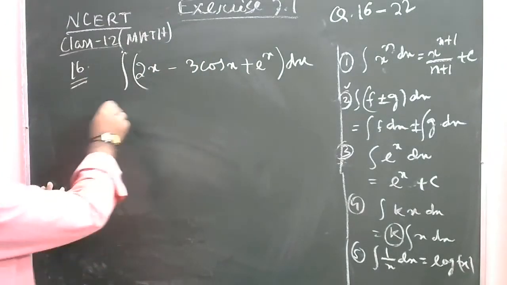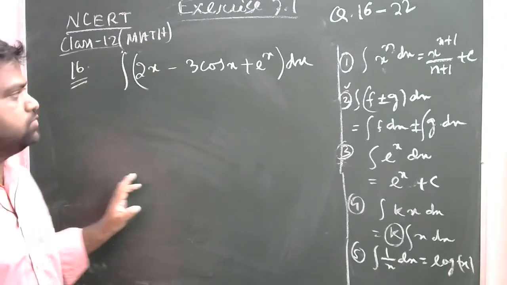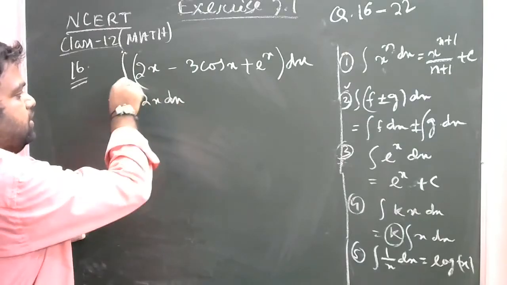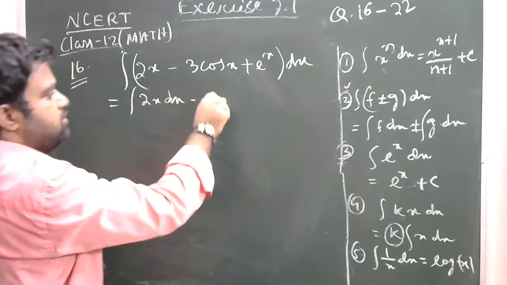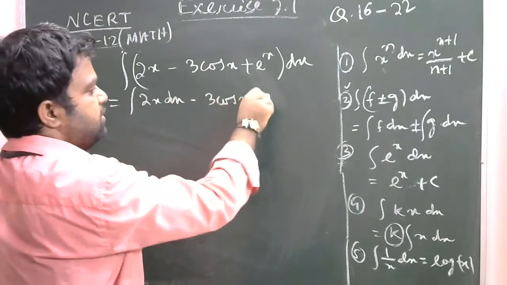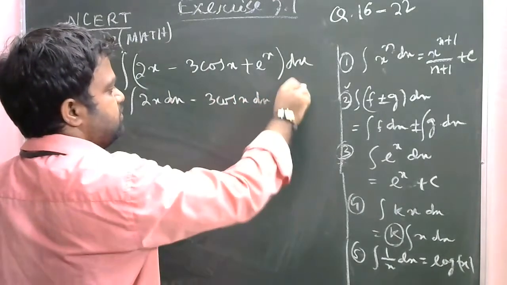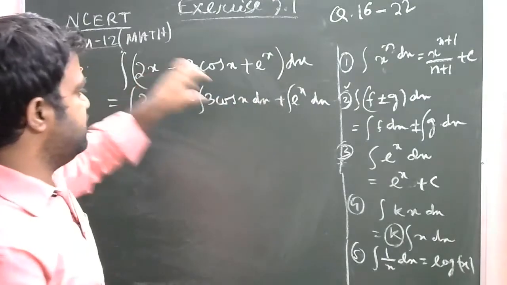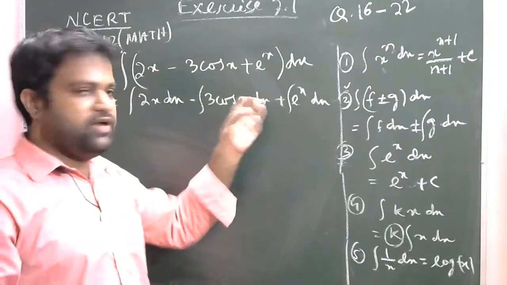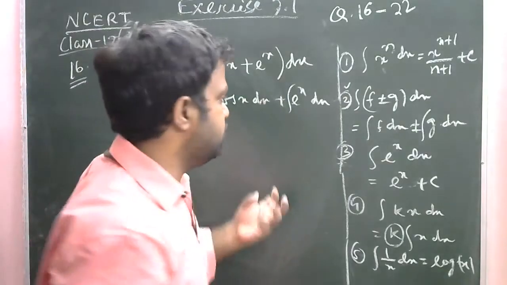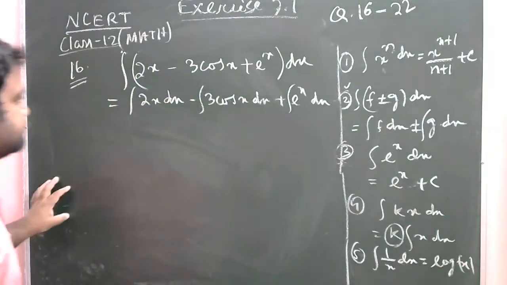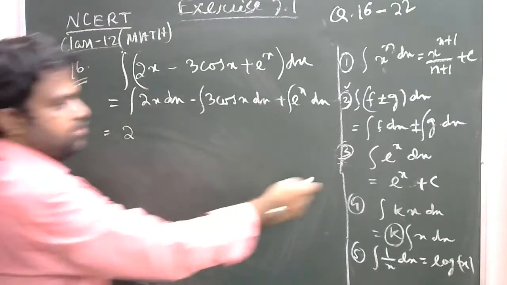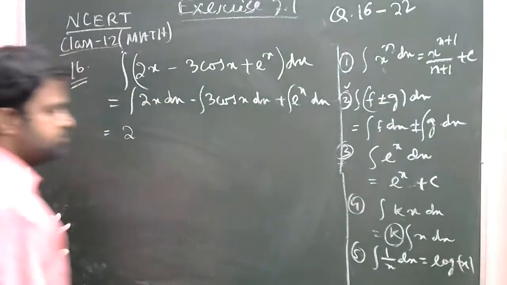So what shall I do here? I'll write this as 2x dx minus 3 cos x dx plus e to the power x dx. I have written each term, meaning I'll find the integration of each individual term and add them. In 2x dx, 2 is a constant and will come outside, by our formula number 4.